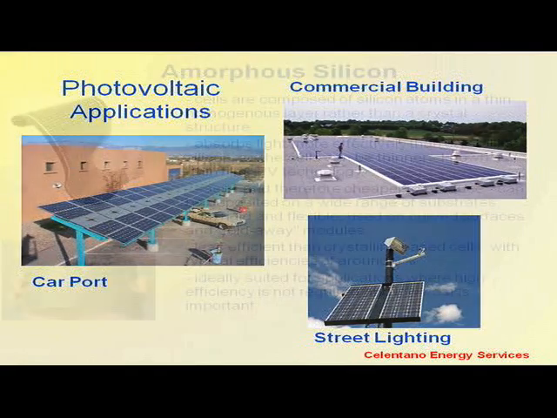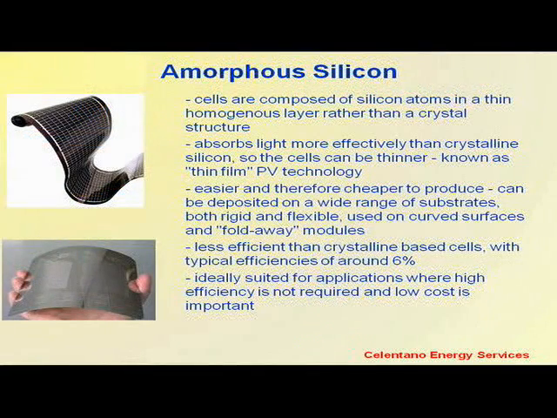Now, there was one other type of silicon solar cell that we haven't talked about. This is the amorphous silicon cell. It's the least efficient, and it's least efficient because it does not involve crystals.